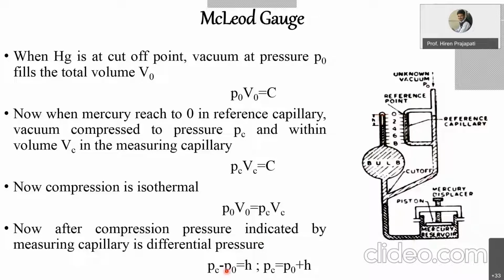So from this we get Pc is equal to P0 plus H, right? Compression pressure is equal to the initial vacuum pressure plus this height in the measuring capillary, right? Now we'll put this Pc in this equation and form the equation of P0.